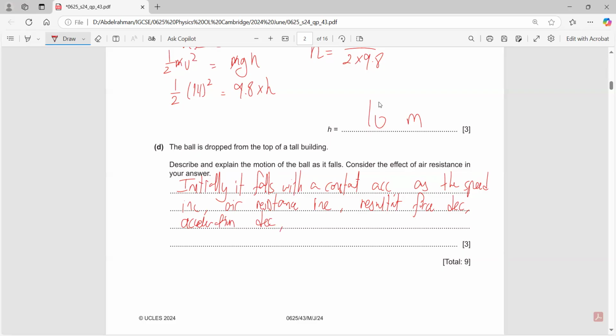The acceleration keeps on decreasing until the weight becomes equal to the air resistance. Zero acceleration at that time, which means that the ball is falling with a constant speed, or a terminal velocity.